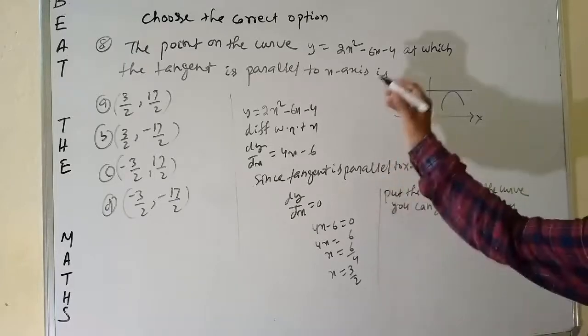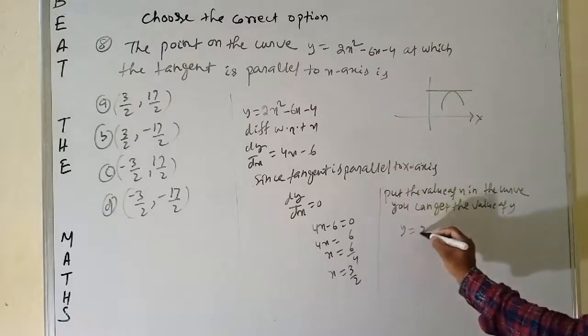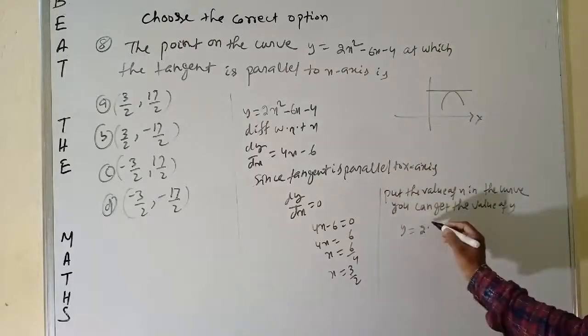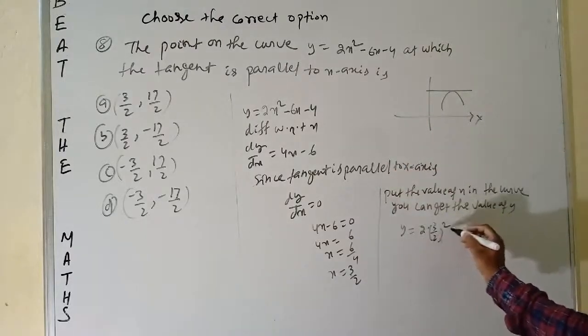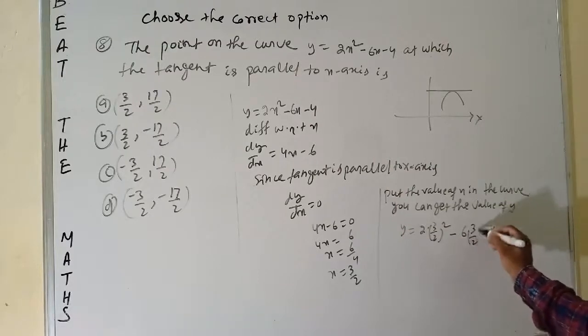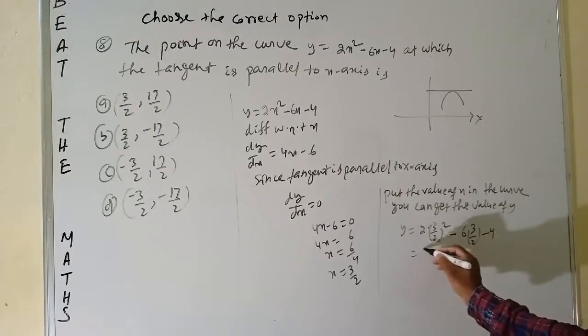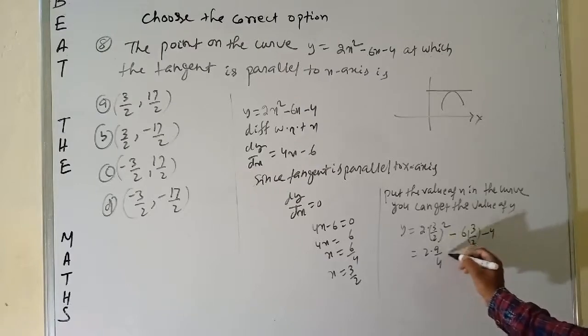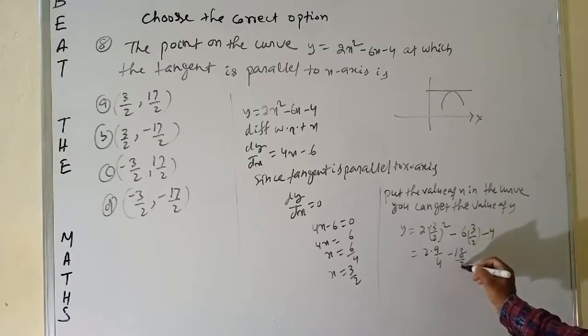Okay, that is y is equal to 2 into x square, that is 3 by 2 whole square, minus 6 into 3 by 2 minus 4, is equal to 2 into 9 by 4 minus 18 by 2 minus 4.